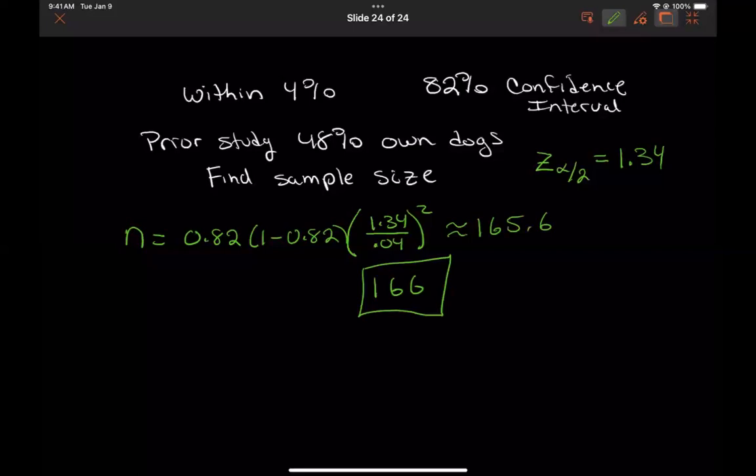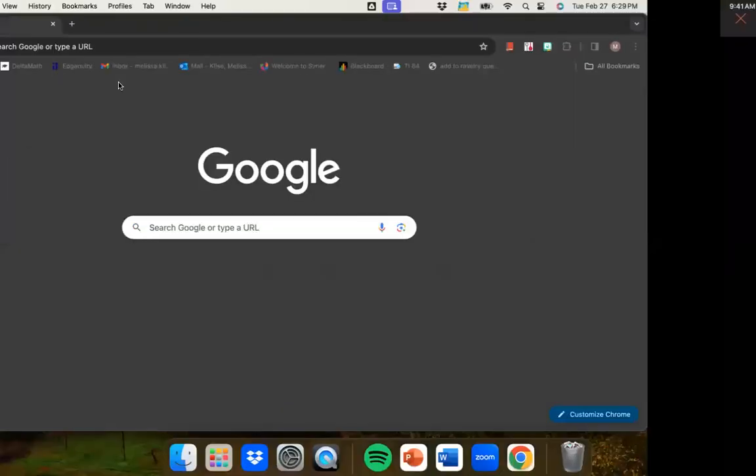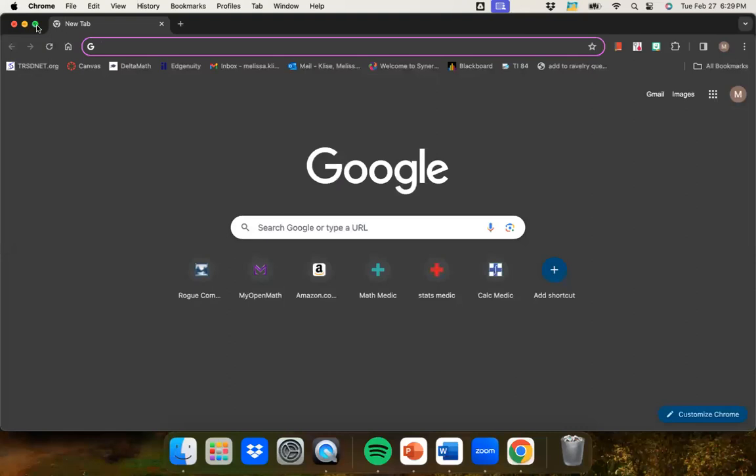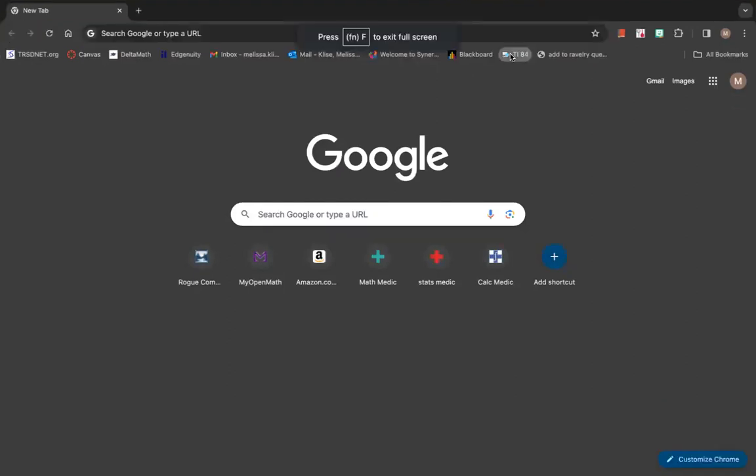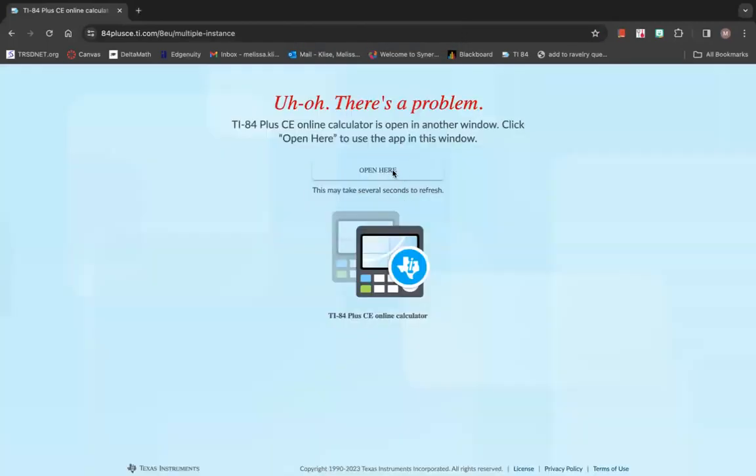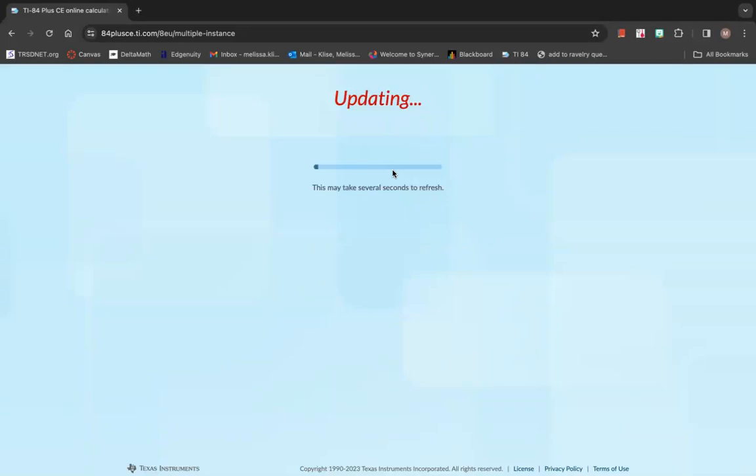Go ahead and look up whenever you're done. See how you did. And then can you put that in the calculator too with the inverse? Yeah. Thanks. My Chrome decided to shut down, so it's going to take a second for me to get back there. I knew it was going to happen. I just had a feeling. Open it here instead. My goodness.